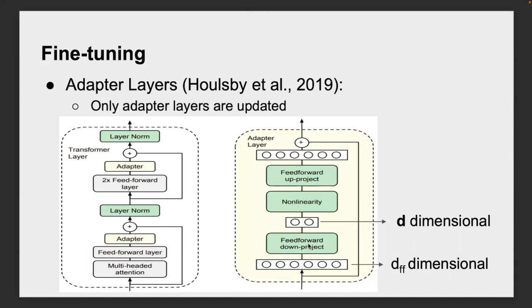So you only update the layers in the adapter module while freezing all the originally pre-trained model weights. The idea is that you only need to update the weights in the adapters, which are much fewer than the original parameters in the transformer model.